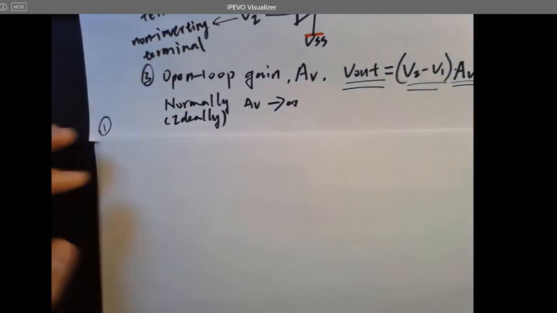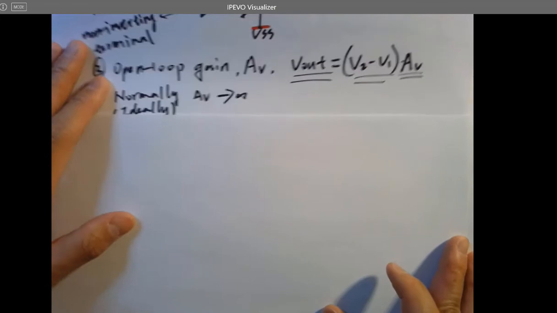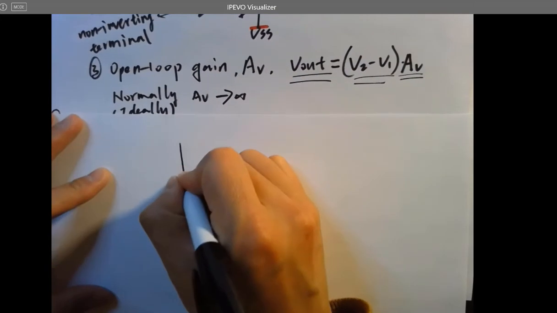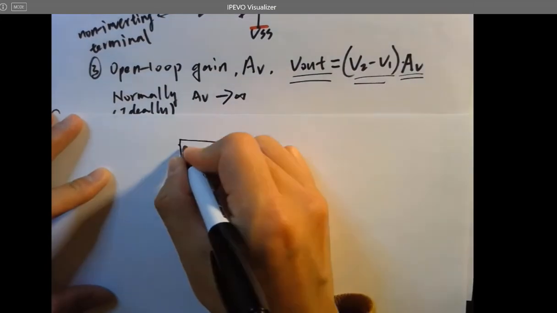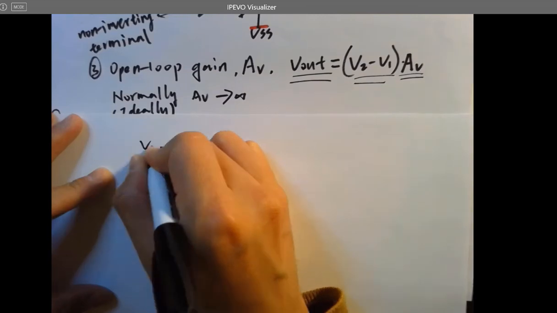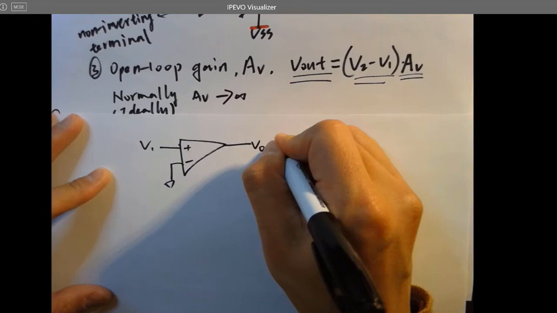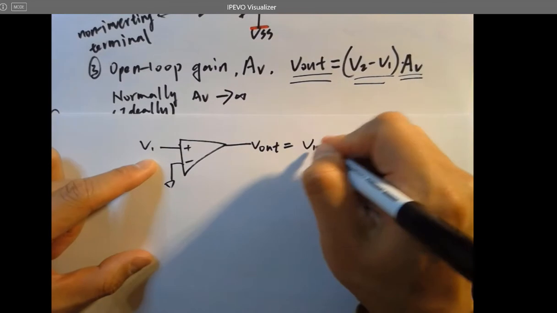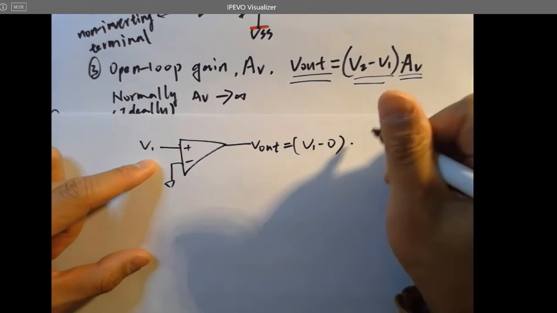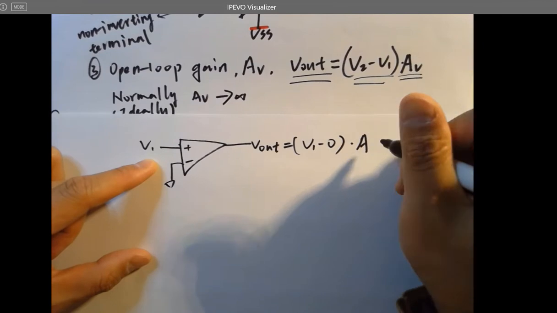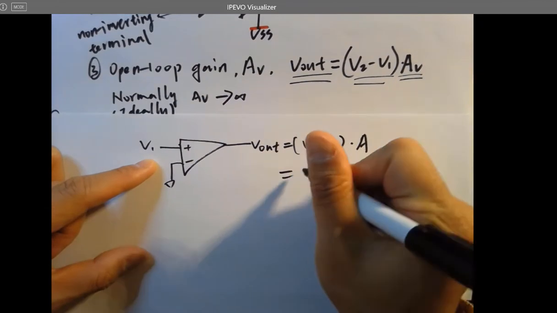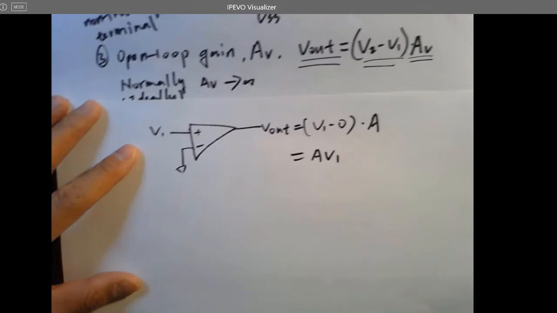If I short one of the terminals to ground, for example like this, plus minus, this is V1, and I short the other one to ground, V out equals V1 minus 0 times AV, or let's say A as the gain. So it's going to be A V1 for the output.